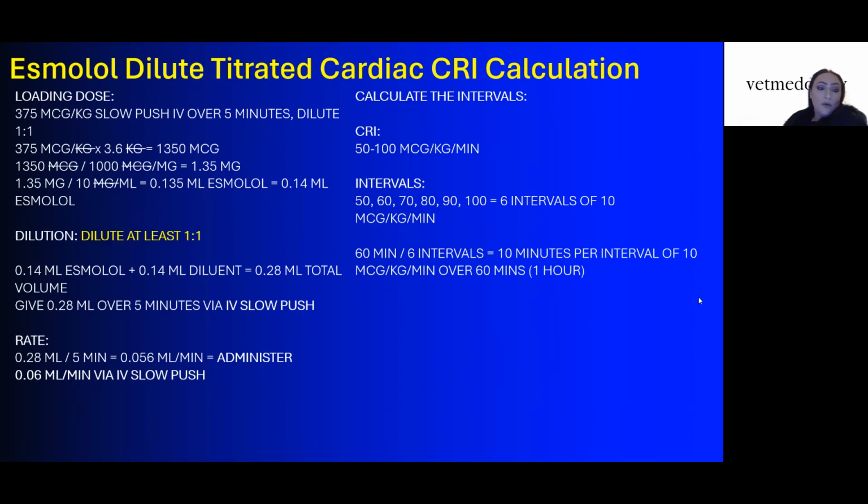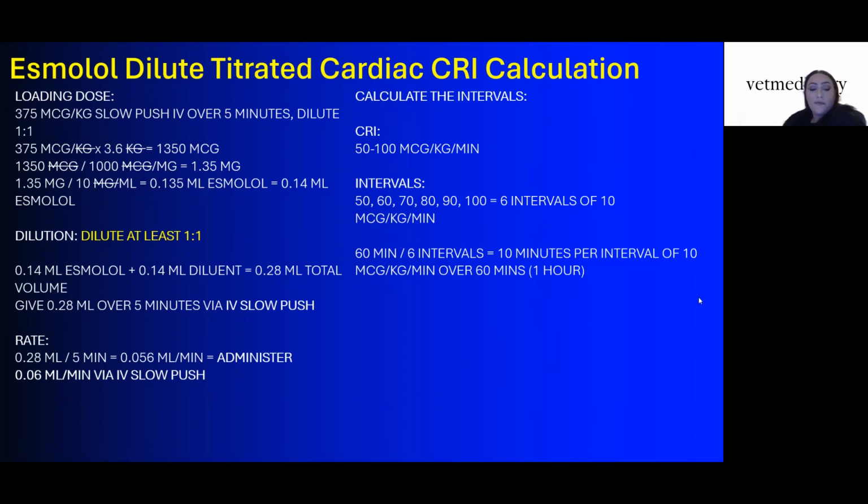Dilute at least 1-to-1, so 0.14 mils esmolol plus 0.14 mils diluent equals 0.28 mils total volume. So give 0.28 mils over 5 minutes via IV slow push.